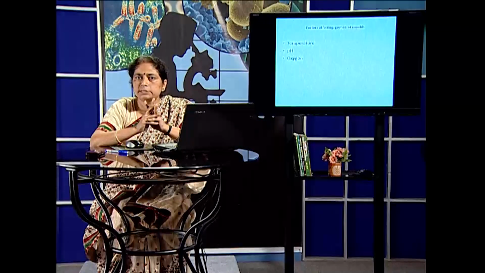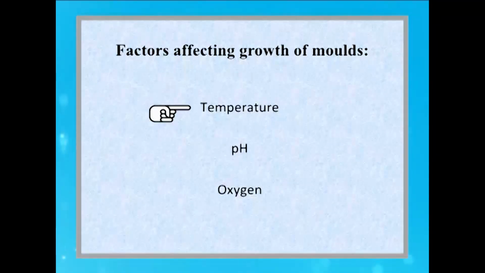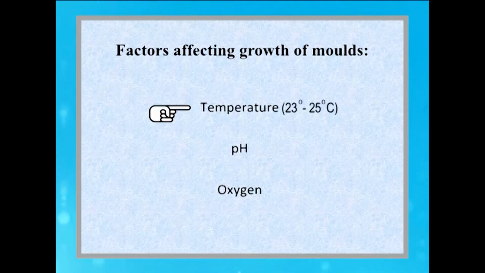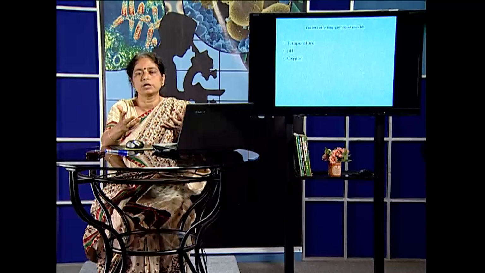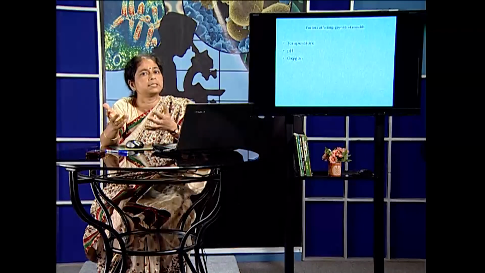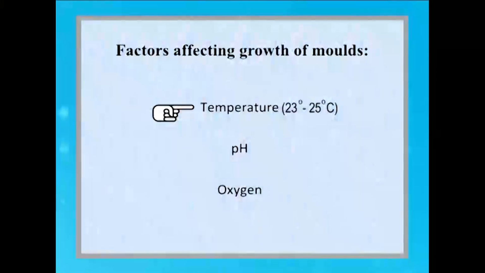Now there are some factors which affect the growth of the mold. There are three important factors. The first one is temperature. A temperature of 23 to 25 degrees Celsius is most appropriate for the growth of the mold, and as a result we find the cottony mass growing over the food items in our household when they are left as they are. The second factor is the pH.